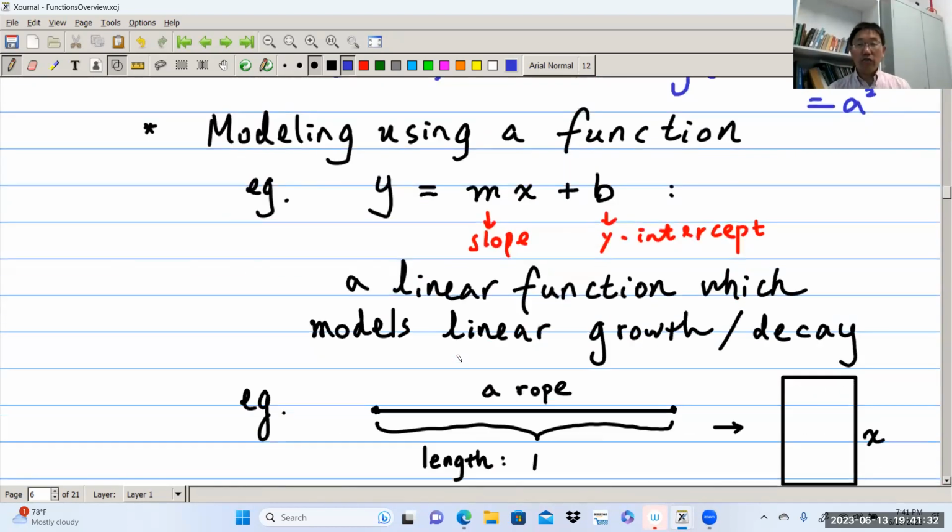Okay, so far we considered some basics about functions. Functions are extremely important objects in mathematics. And why do we want to study functions? Because a lot of real life relations can be modeled by functions.